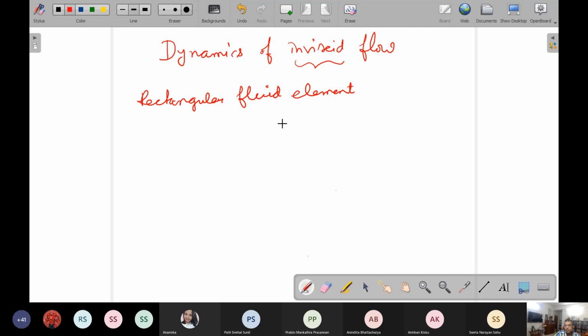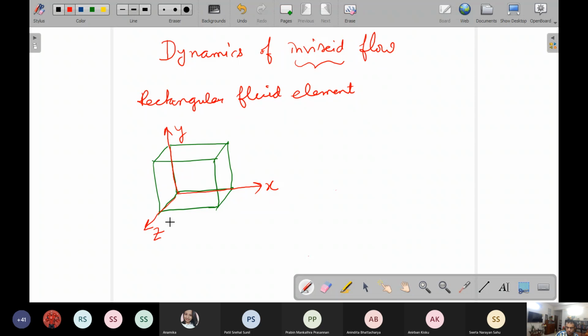Rectangular fluid element means that in the three-dimensional space, the control mass or the lump of mass, whatever you call, has this rectangular shape. Let us put up the coordinate axis. This is x, this is y, and this is z.